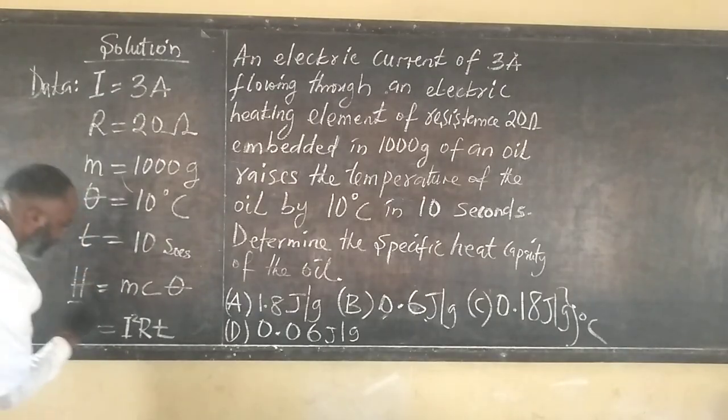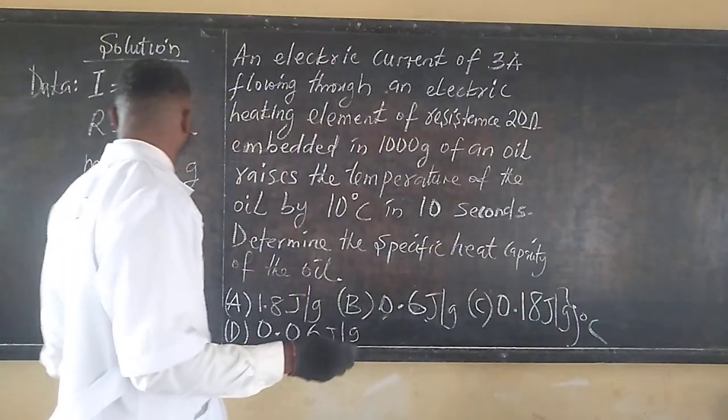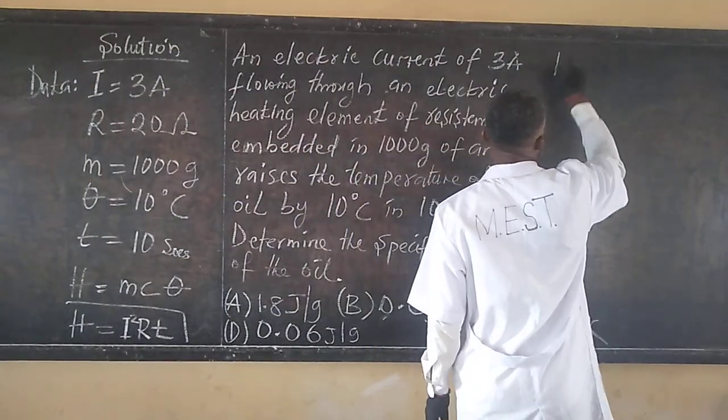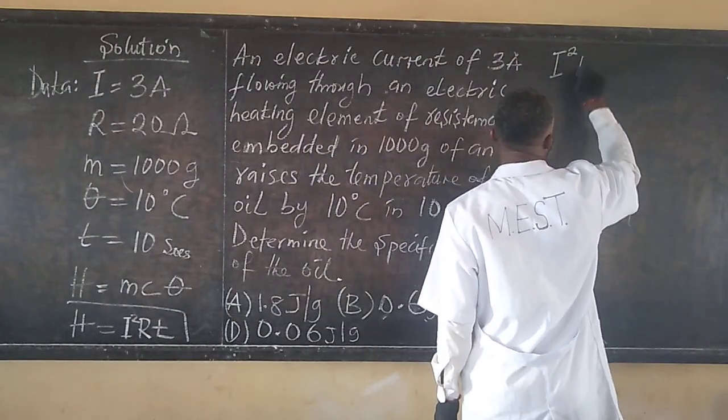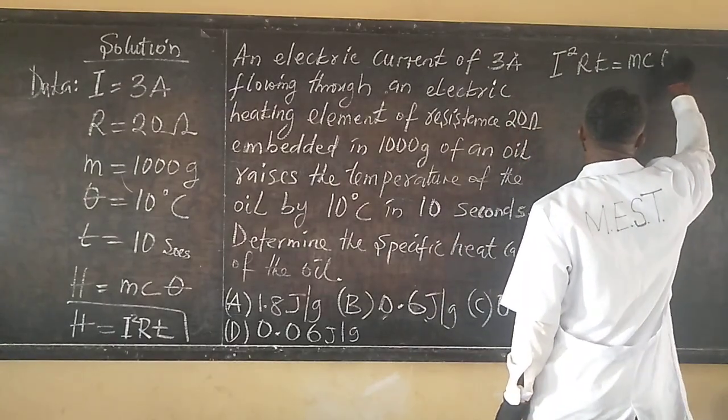Good. So we can use this to evaluate. So anywhere we see heat, we now have I squared RT is equal to mc theta.